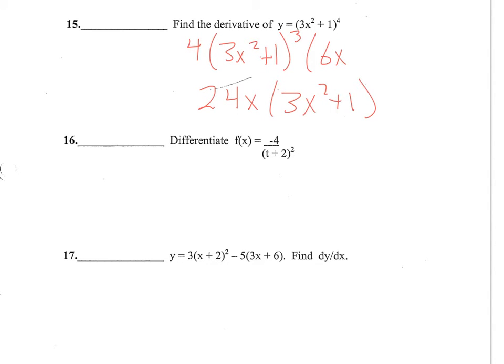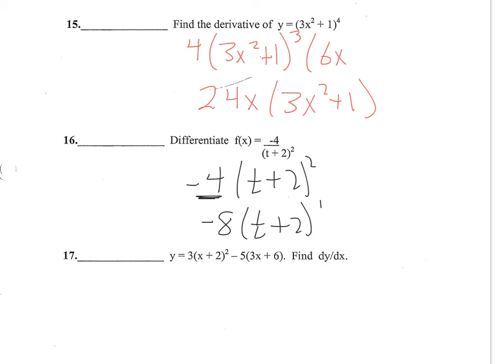Okay, now to do this one, let's bring that to the top. So you have negative 4 times t plus 2 squared. Okay, this again does not require a product rule because this is just a number. So I can just leave that out in front. So it's negative 4 times 2, which is negative 8, t plus 2 to the first, and then times the derivative of the inside.